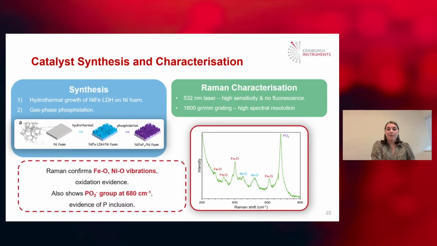The Raman confirmed iron-oxygen and nickel-oxygen vibrations, which suggests oxidation. It also showed the metaphosphate ion group at 680, which is the evidence of the phosphorus inclusions in the material. So they could use this to assess the success of their synthesis.